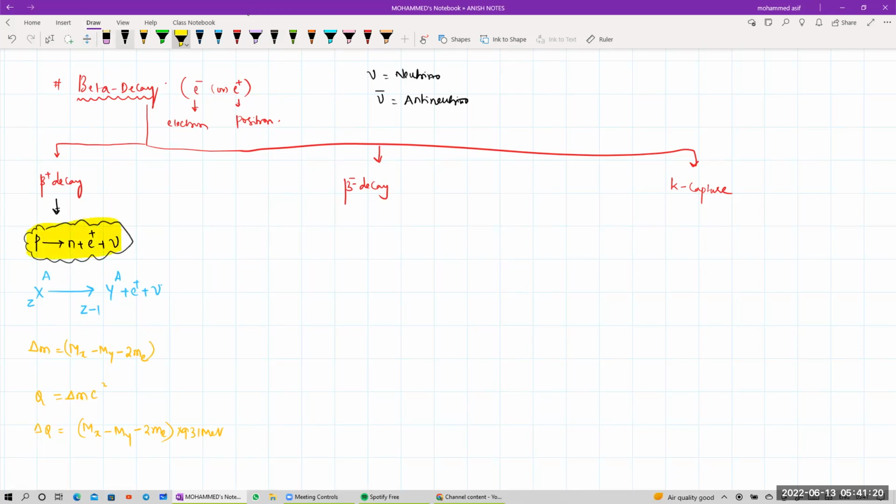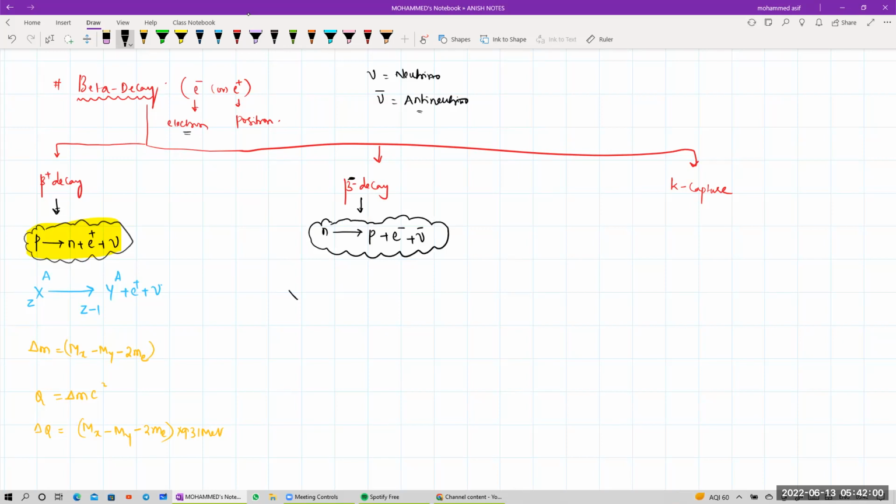Clear? In beta minus, in the nucleus a neutron disintegrates to become stable, with emission of a proton plus e minus plus nu bar. e minus is nothing but an electron, and nu bar is an anti-neutrino. So in beta minus decay, a neutron disintegrates into a proton with emission of an electron as well as an anti-neutrino.